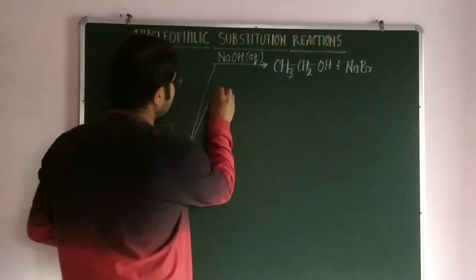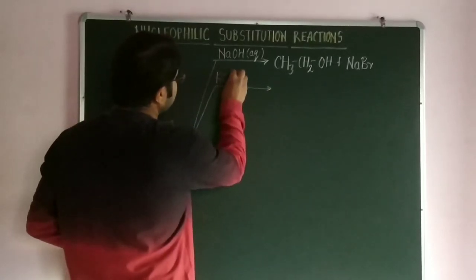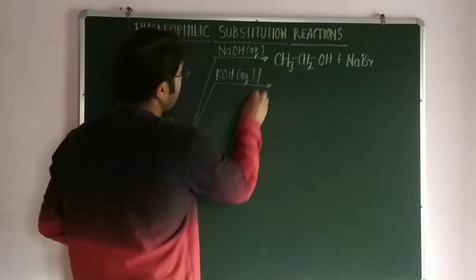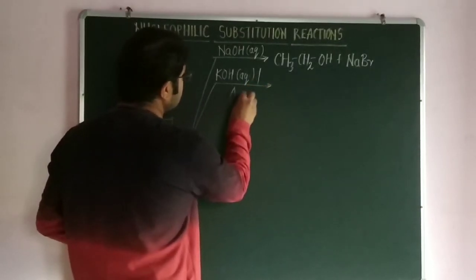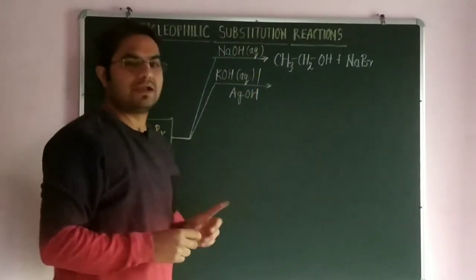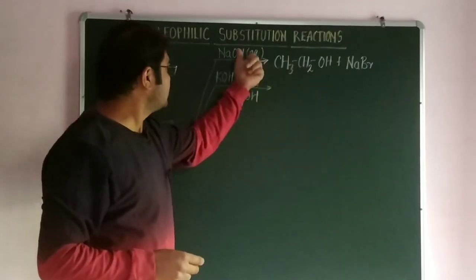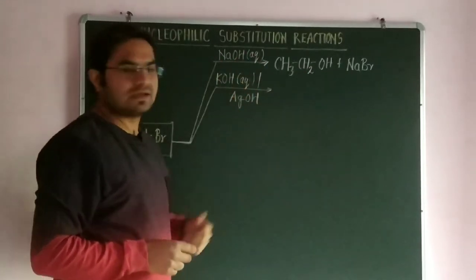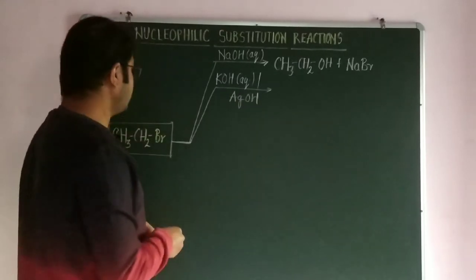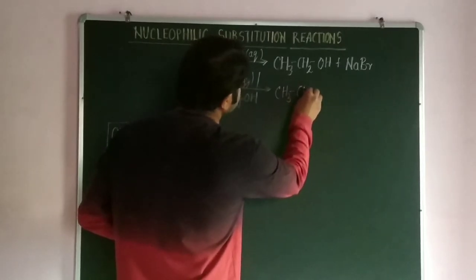Instead of using NaOH, we use KOH, potassium hydroxide, but keep in mind the medium is aqueous, or we use AgOH. So for the conversion of haloalkane to alcohol, we use these reagents: NaOH in aqueous medium, KOH and AgOH, and it forms the same compound, that is alcohol.